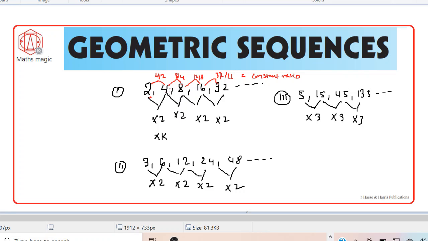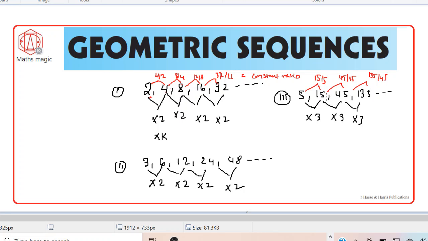If these ratios are equal, it's geometric. We can check with this other sequence also. You have 15 upon 5, 45 upon 15, and then 135 upon 45. In all these cases, you can see that the ratio is always equal.